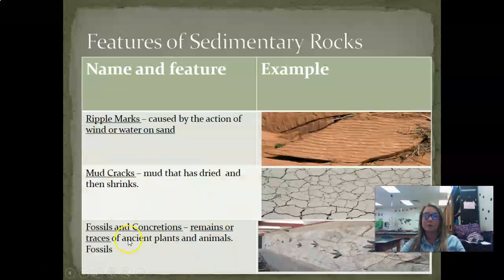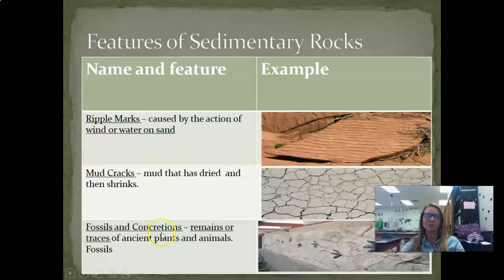And then these 3 right here are pretty much exactly what it says. Ripple marks, think water, or a wind environment that just gets made into rocks in our sedimentary rocks. Our mud cracks are just that the mud dried and then formed into a rock.